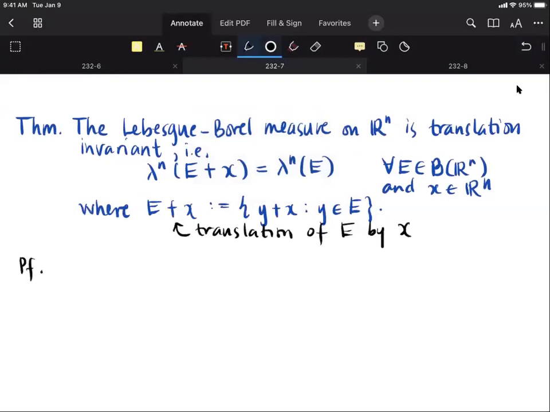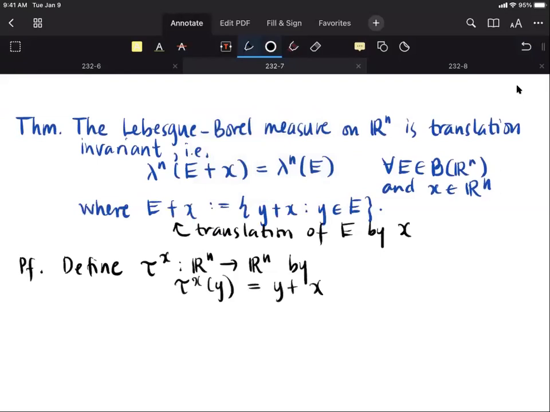So to prove this, let us define the translation map. Let's say tau raised to x. So this is the map defined as follows. So tau x of y is basically y plus x, y in Rn.